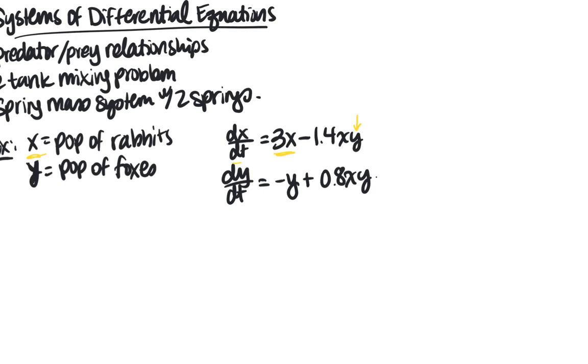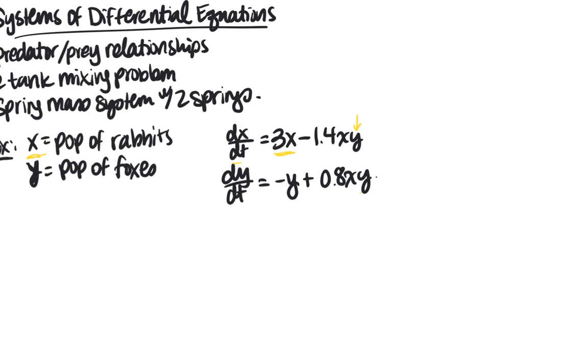And if I look at the foxes here, I can see that if there were no rabbits at all, the dy/dt would be negative. So the foxes would die out in the absence of rabbits, whereas the rabbits would flourish in the absence of foxes.